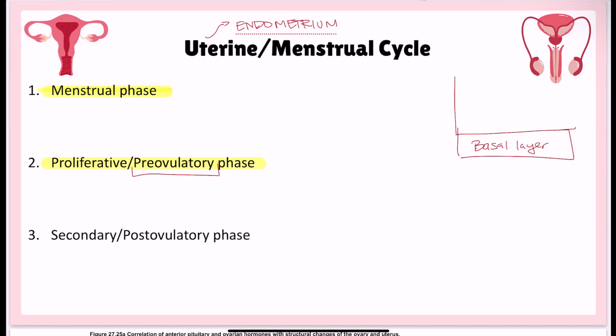So that functional layer in the pre-ovulatory phase or the proliferative phase gets built back up. And the functional layer has some really important characteristics by being supervascularized.